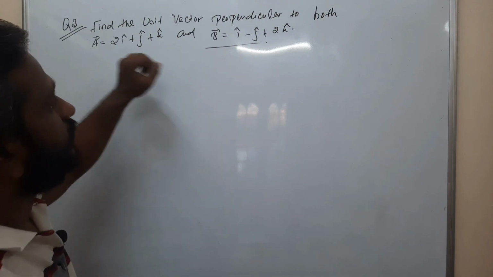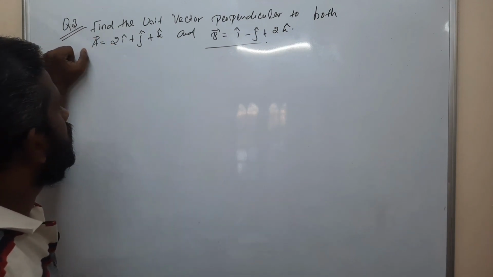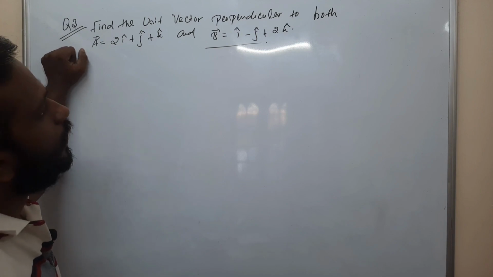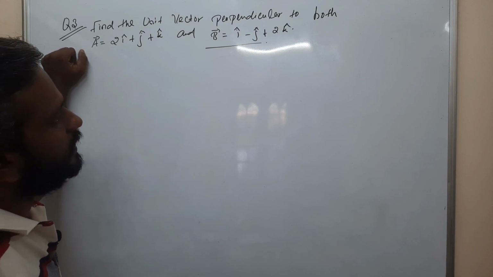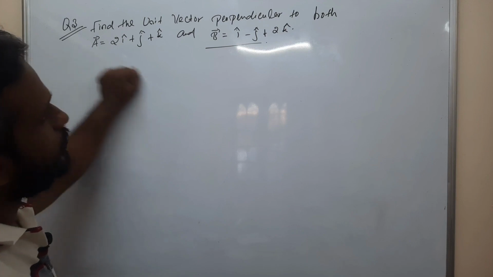So find the unit vector perpendicular to both a vector and b vector.